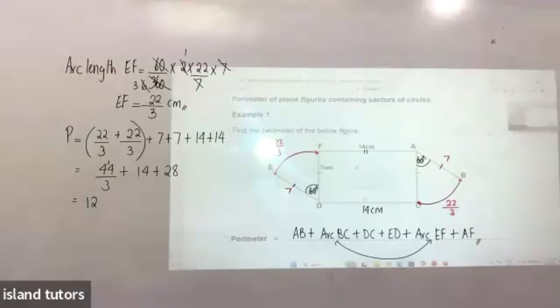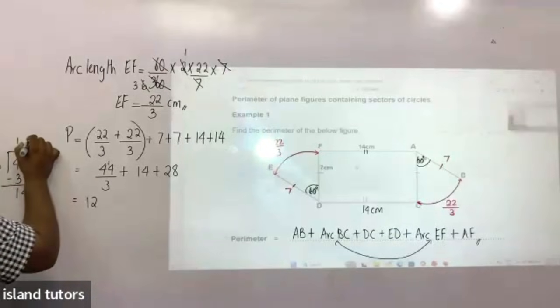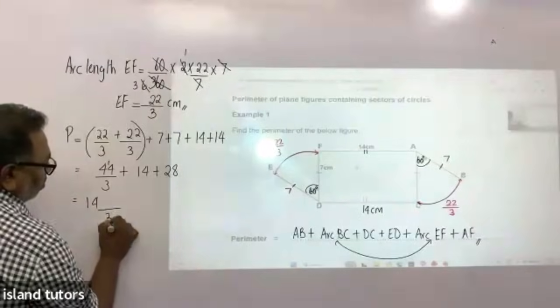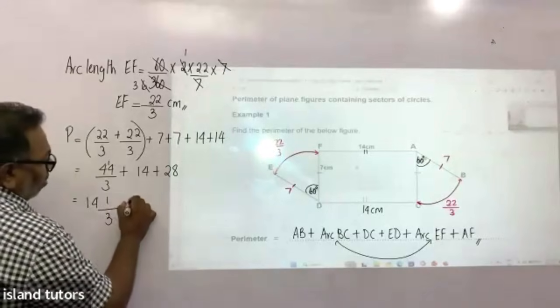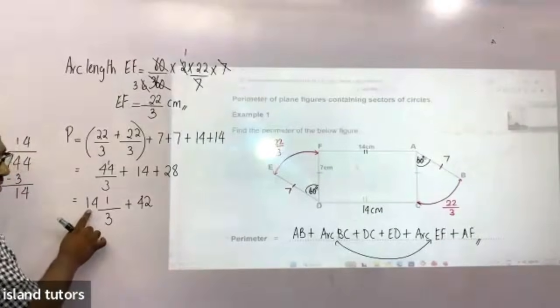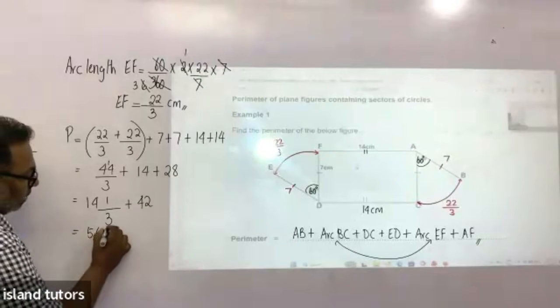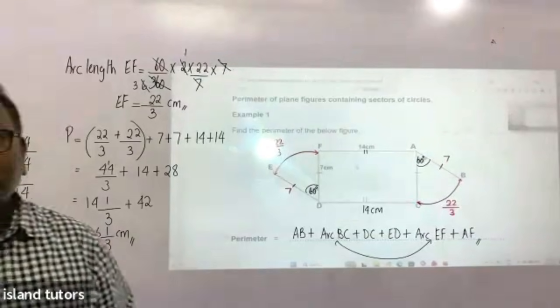So we have 14 and 1 remainder, plus 14 plus 28 is 42. Put it together, 14 plus 42 is 56, and 1 over 3 centimeters. That's going to be your perimeter.